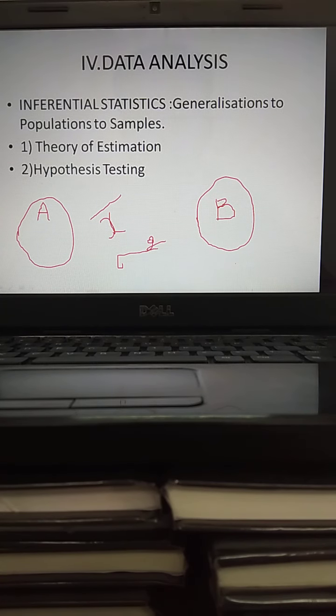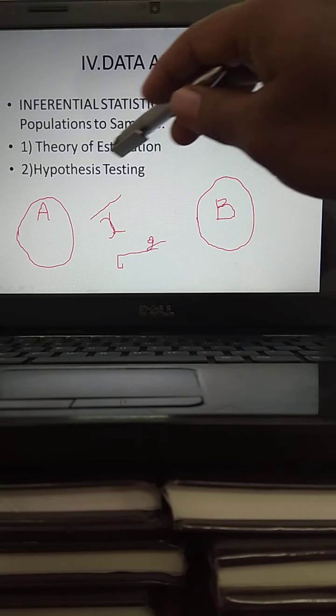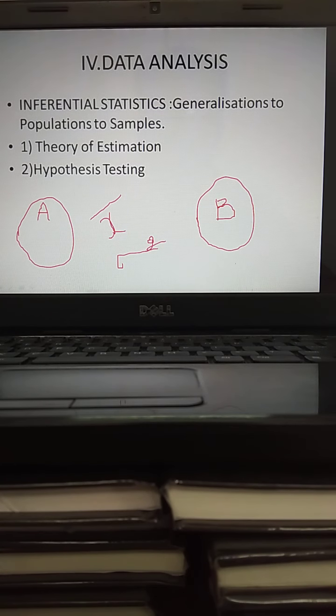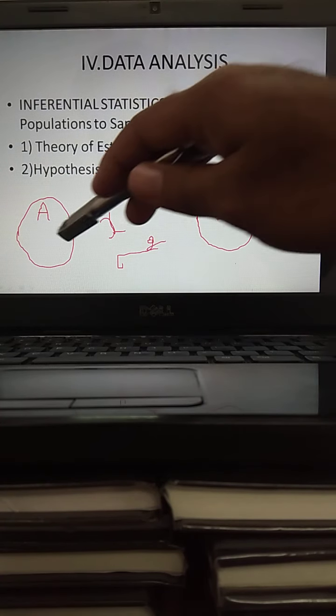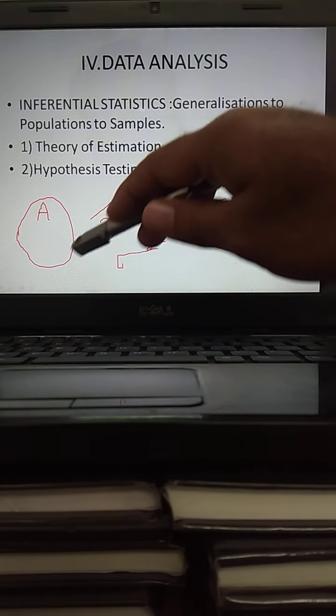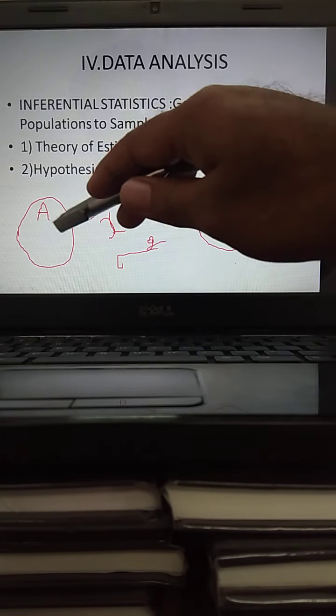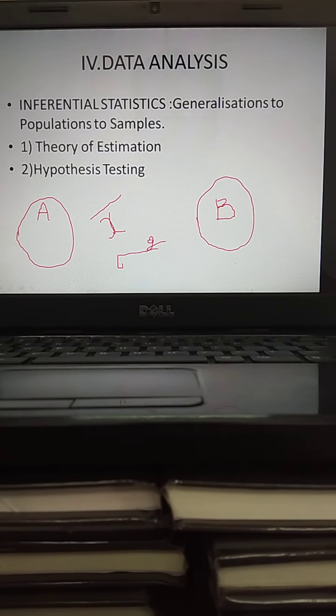Estimation. In general terminology, estimation means approximation. Approximately, by using statistical techniques, you calculate the mean and variance of the population. This is the major difference between the theory of estimation and hypothesis testing.